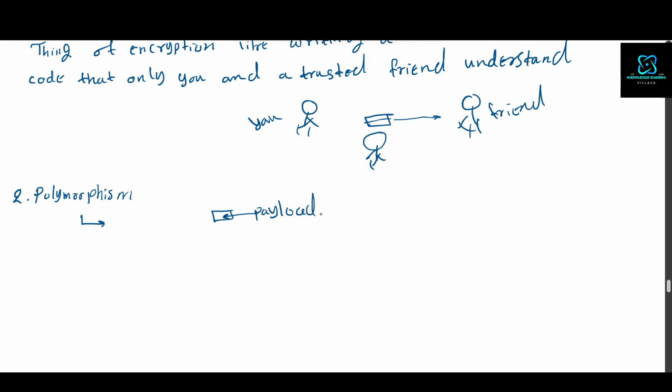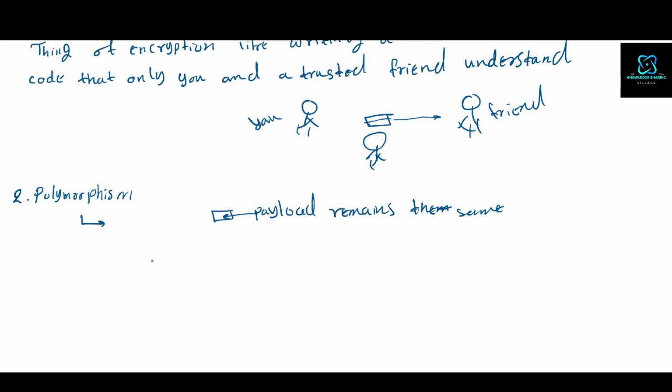The payload remains the same in the case of polymorphism, but it may change everything else after each infection.